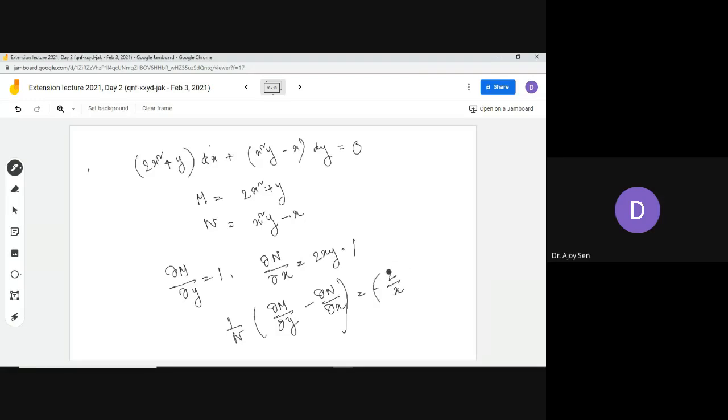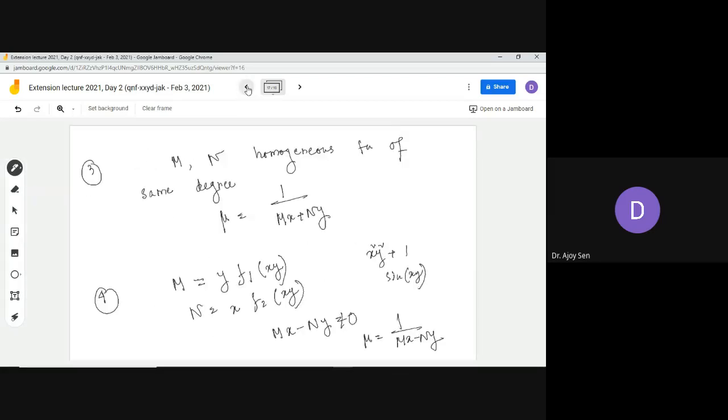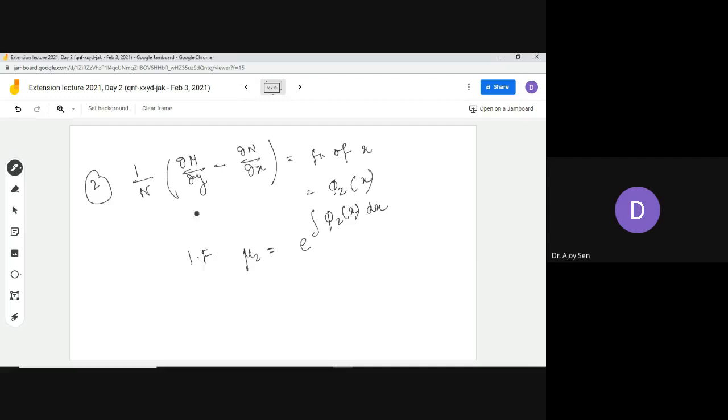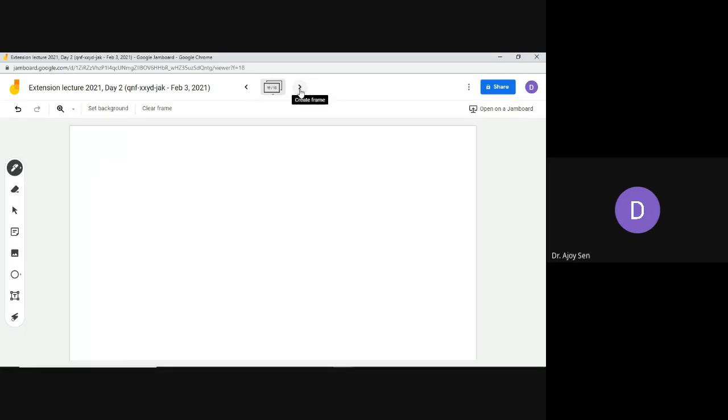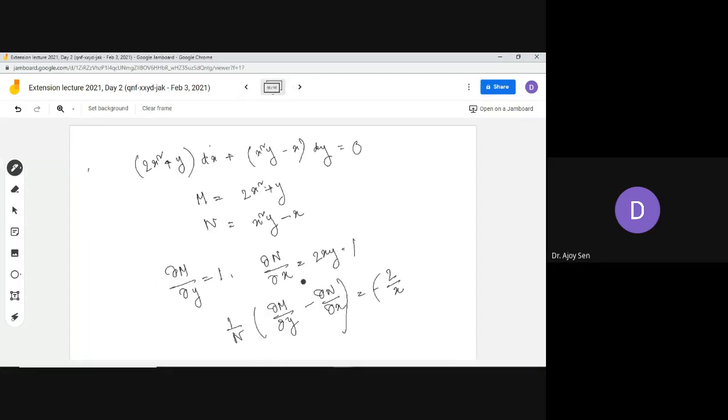So this is a function of x only, and what I have told you is that if this is a function of x only, our integrating factor will be e to the power integration of that function phi of x. So in this case, what will be our integrating factor? It will be e to the power integration of this thing.